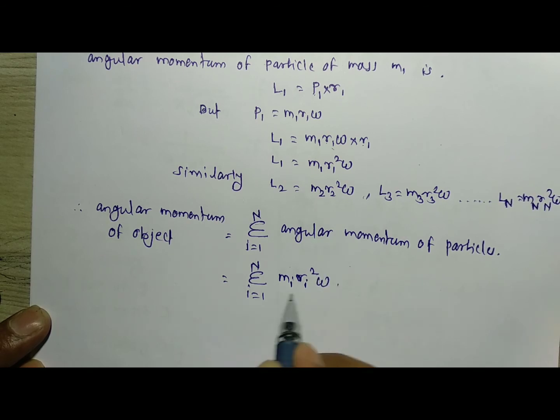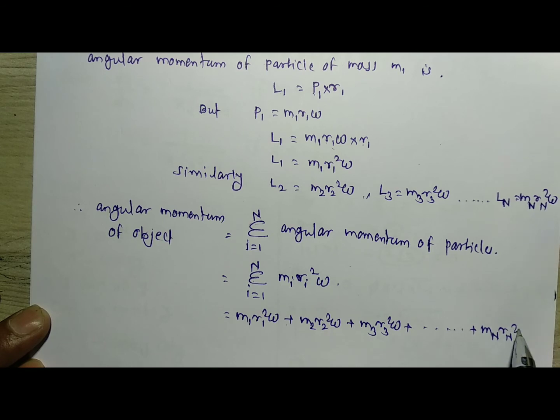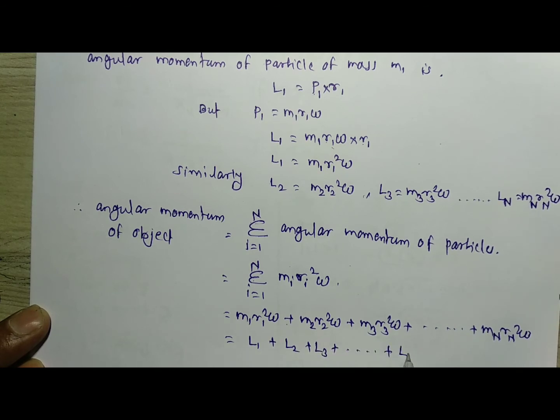Now putting i is equal to 1, you get M1 R1 square omega plus, i increased by 1, M2 R2 square omega plus M3 R3 square omega plus, and so on up to Mn Rn square omega, and those are nothing but L1 plus L2 plus L3 plus, and so on up to Ln.